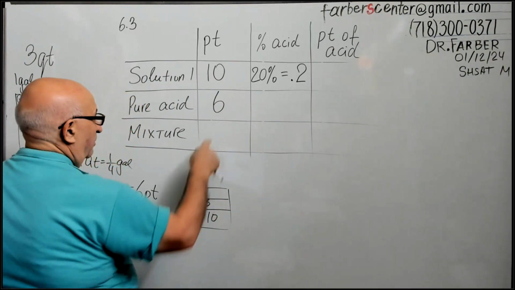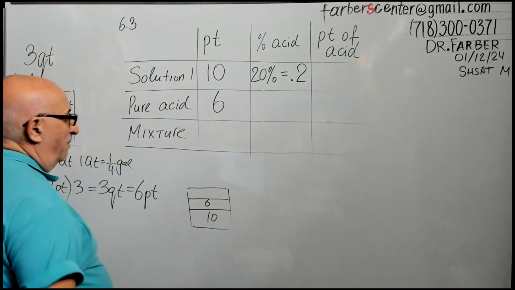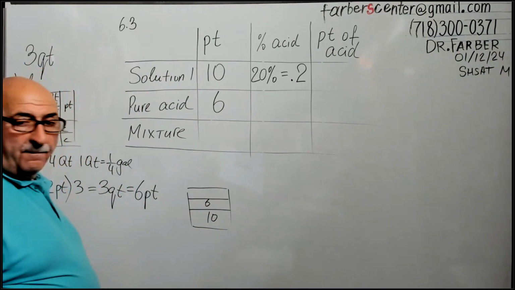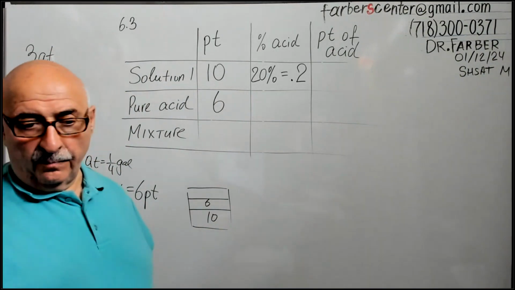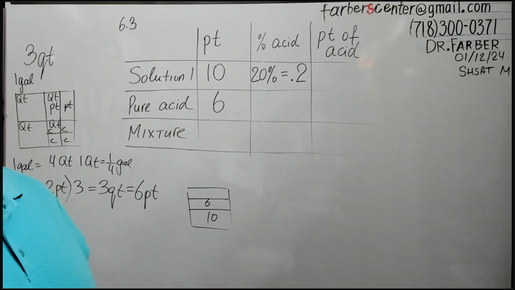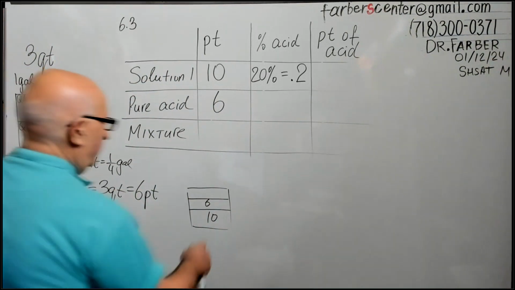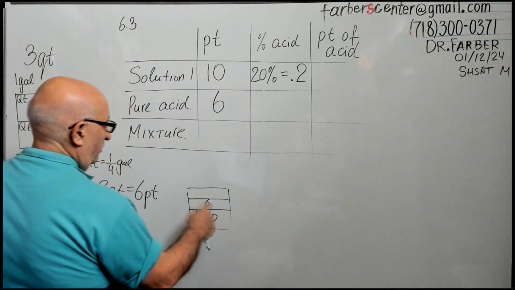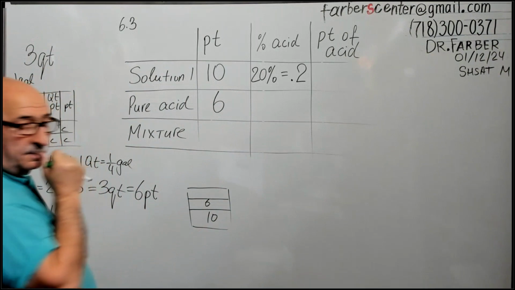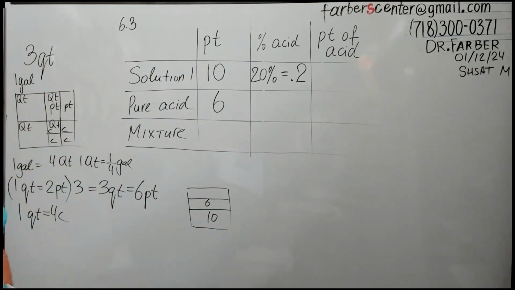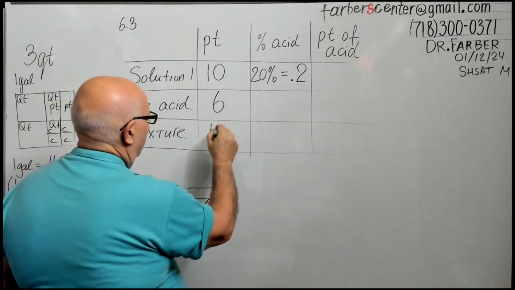How much is the mixture? What is supposed to be written here? Can you hear me? Raise your hand. I can hear you. If this was 10 and this is 6, what is supposed to be written here? 16. Add them up.